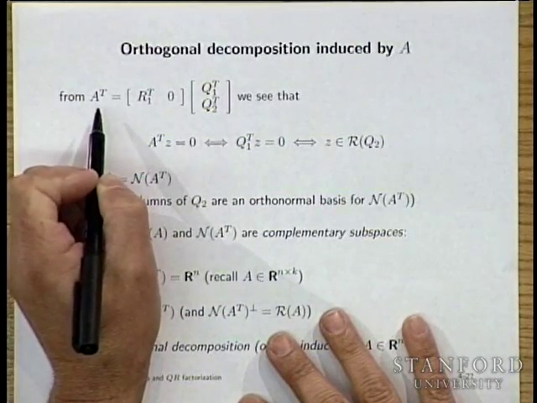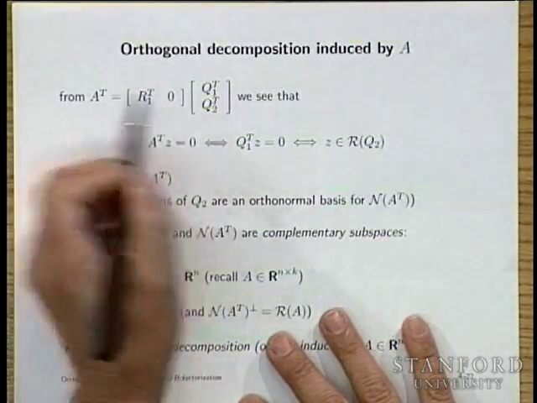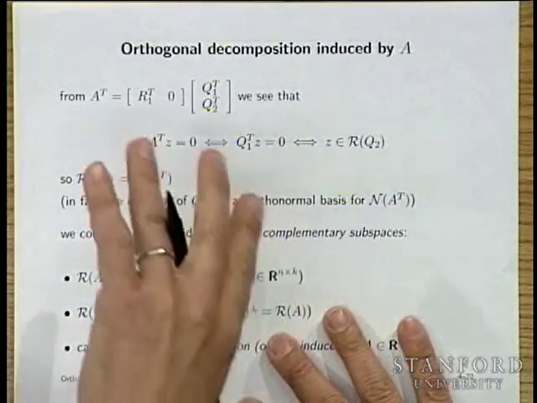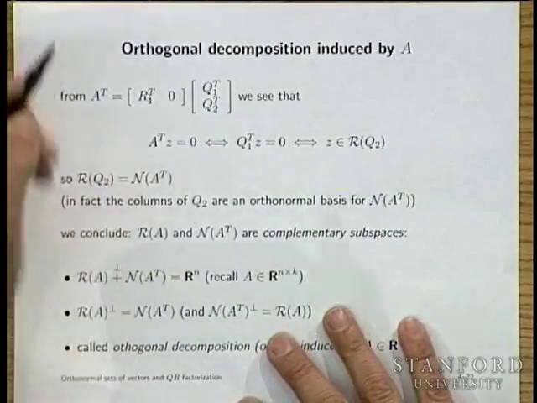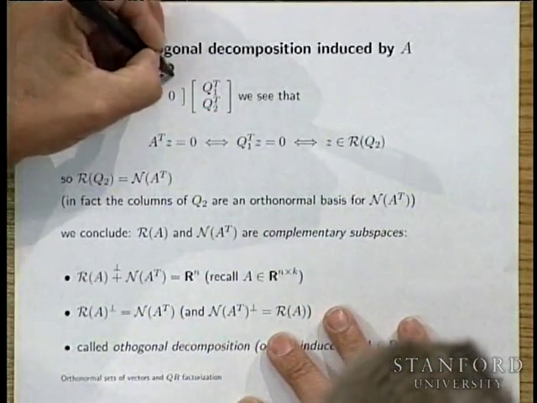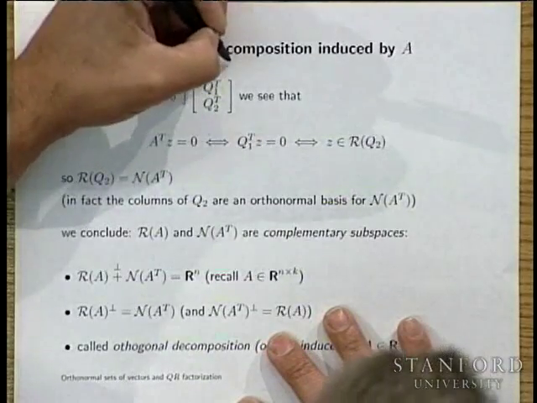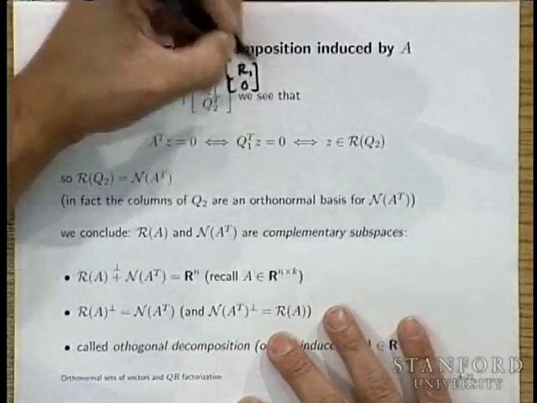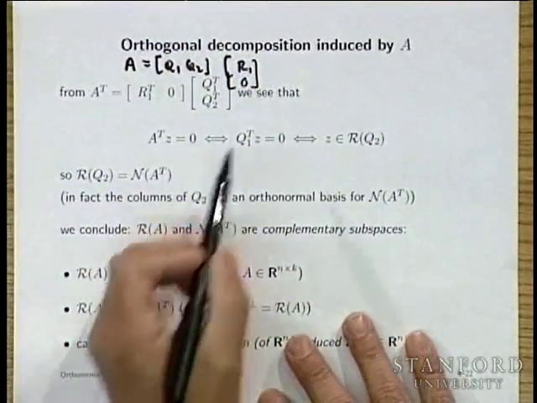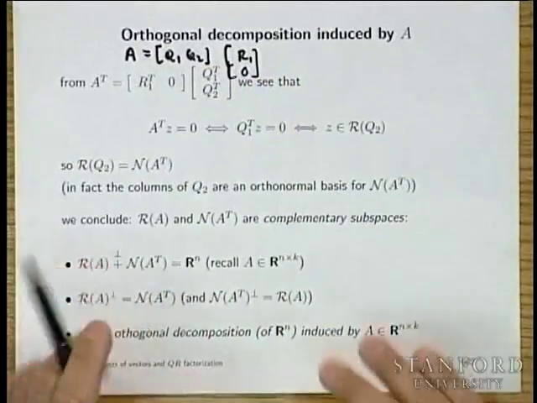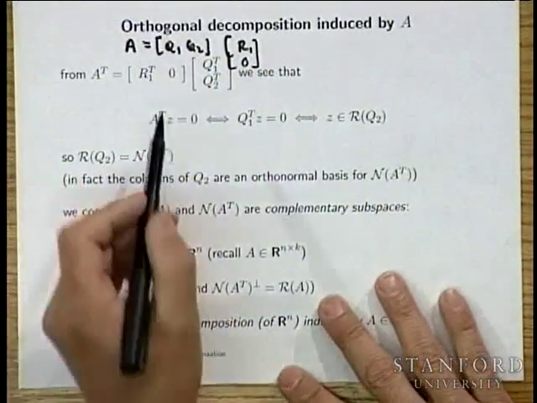So if I do a full QR factorization of A, A is Q1, Q2 times R1 and 0, like that. Okay, that's the full QR.